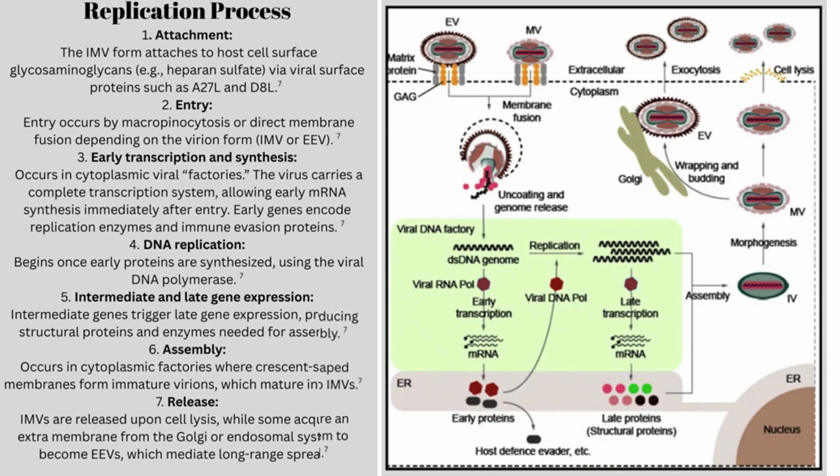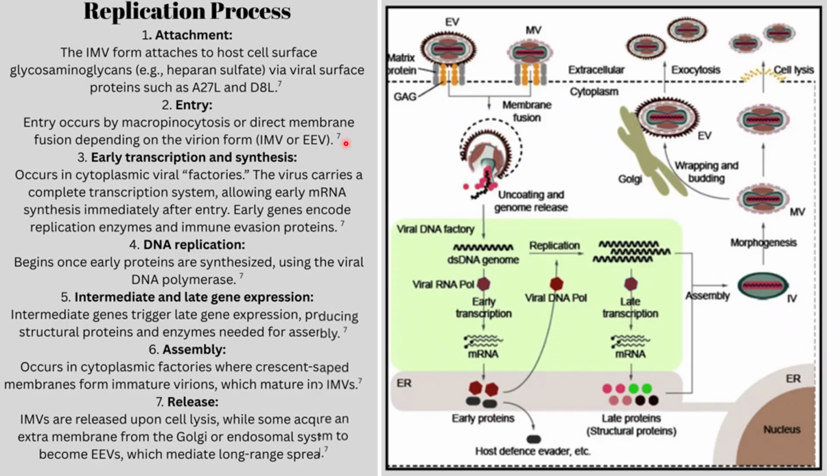The replication process is quite unique, and the strategy is just incredible. Because there are two types of virions, the enveloped virion, which is the extracellular version, and the intracellular, which only has one membrane and stays inside the cell, they both attach to the cell surface differently, as they have different receptor sites, and they also enter differently.